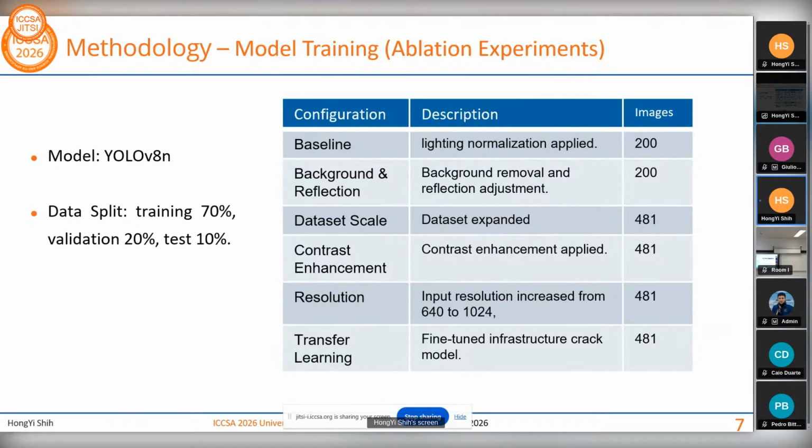Then we expanded the dataset from 200 images to 481 images to see if the dataset size can affect the performance. And then based on the expanded dataset and the background and reflection adjustment, 3 additional configurations were further tested. It includes contrast enhancement, higher input resolution from 640 pixels to 1024 pixels, and also transfer learning from a pre-trained infrastructure crack model.